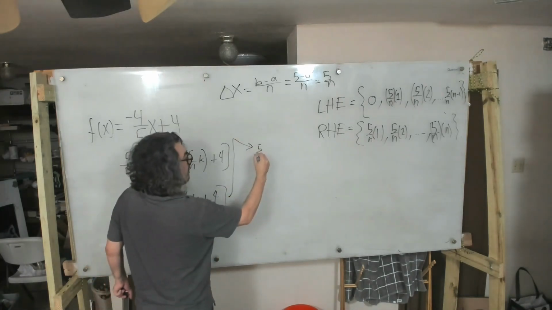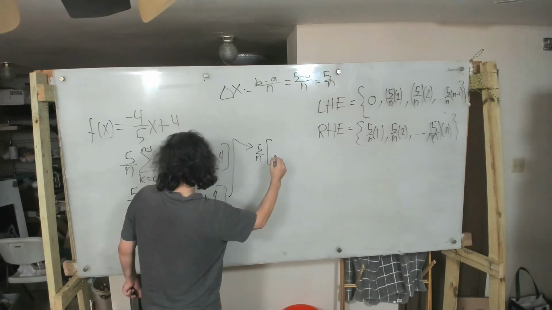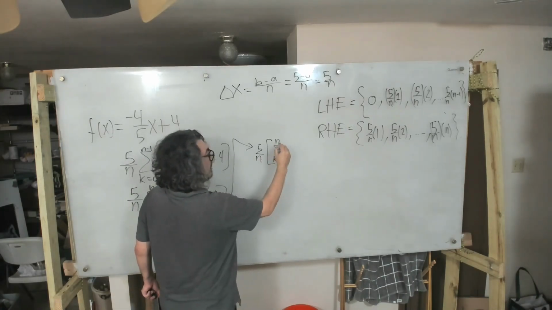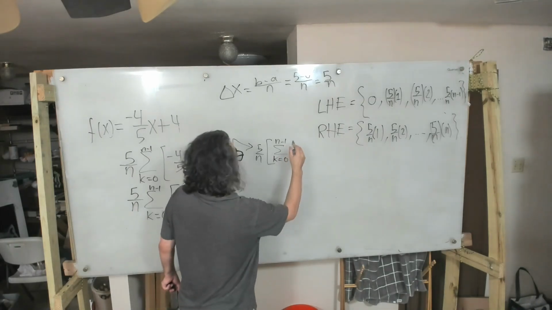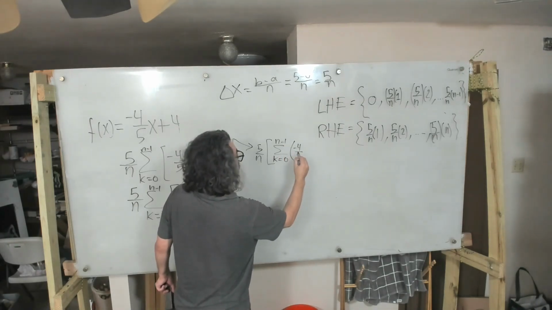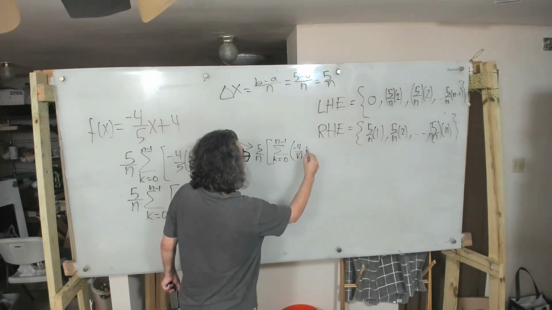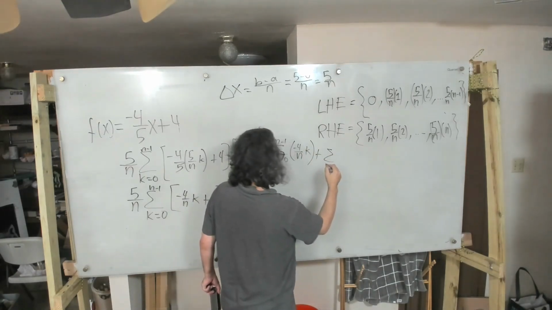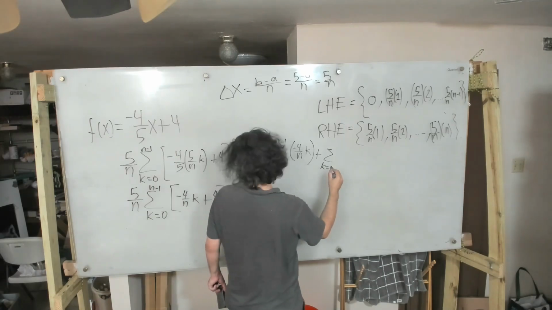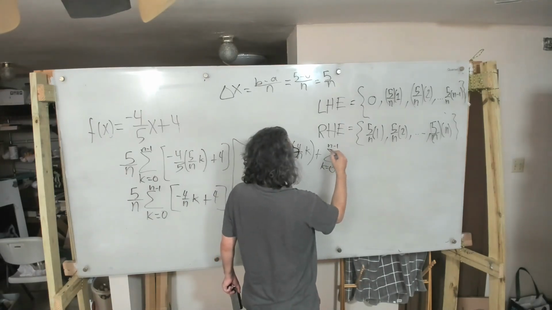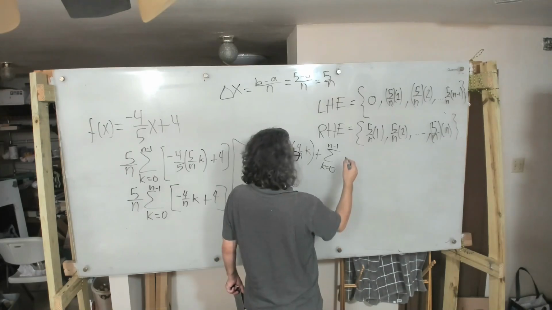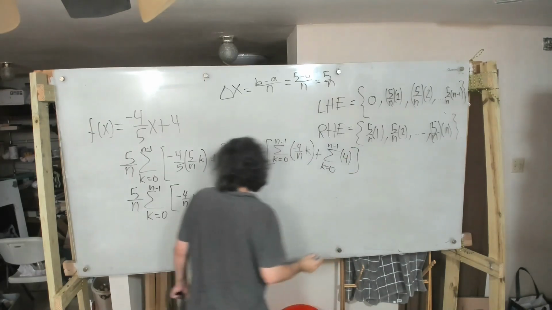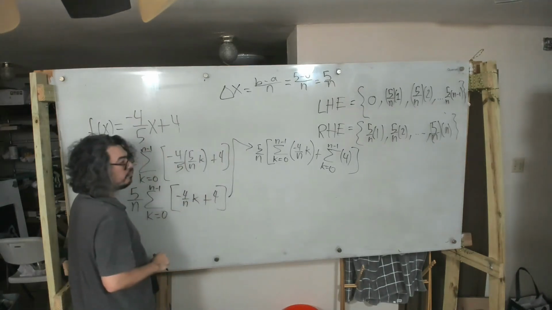This will be 5 over n times the summation from k equals 0 to n minus 1 of negative 4 over n times k, and then plus the summation from k equals 0 to n minus 1 of 4, right? Like this, right?